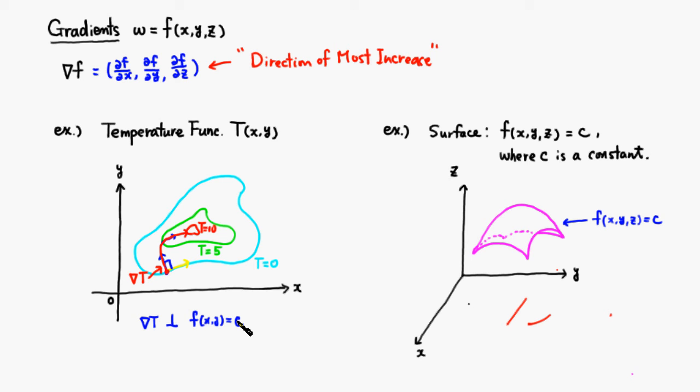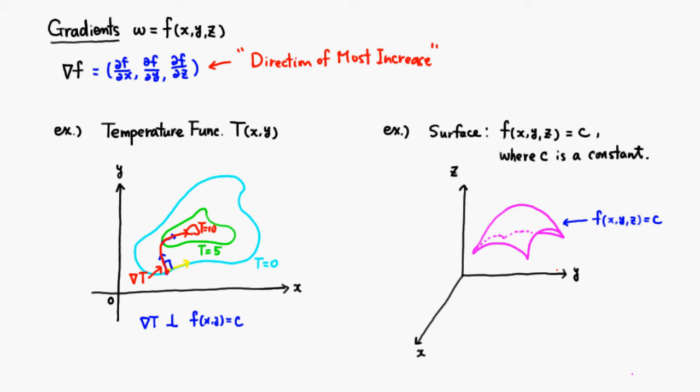Let's say you have a surface written as f of x comma y comma z equals c, where c is a constant. Then that's going to form some kind of a surface in three-dimensional space. I drew it in purple here. Then if you find the gradient of this function f, it's basically going to be the normal vector.